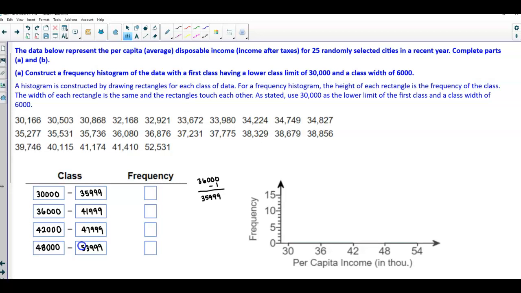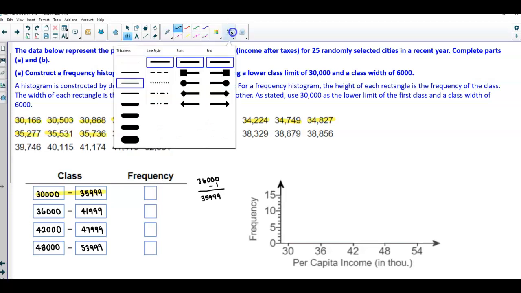Now we want to find the frequency of each class by looking at the data. We want to find all the values in the data that fall within the first class, between 30,000 and 35,999. So we have 1, 2, 3, 4, 5, 6, 7, 8, 9, 10, 11, 12, 13.